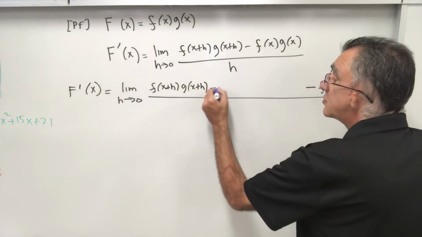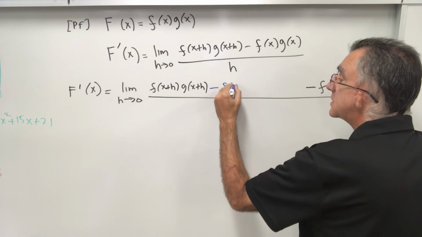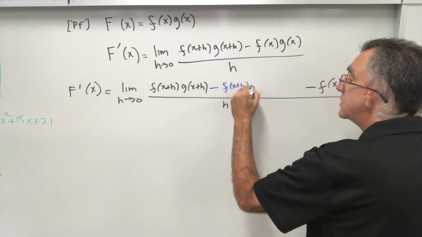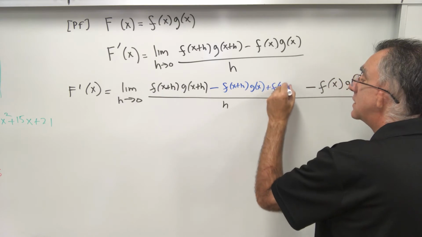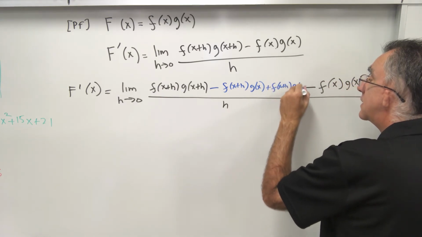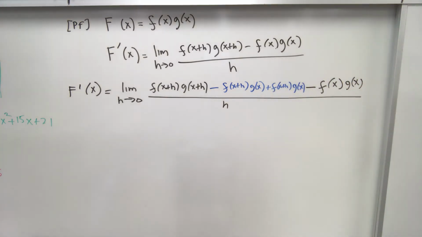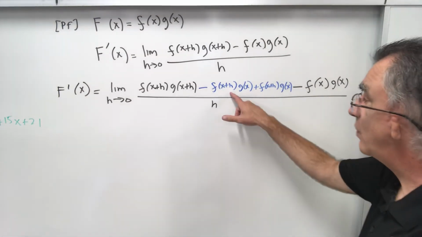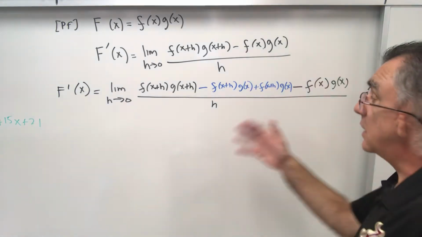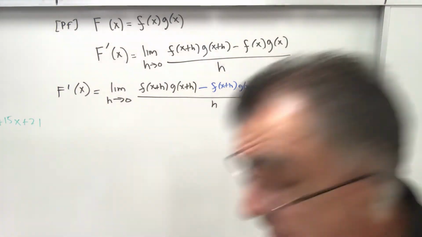I'm going to subtract f of x plus h, g of x, and then add the same exact amount. Don't panic, like, why are you doing that, Mr. Peters? Trust me, I'm heading somewhere with it.